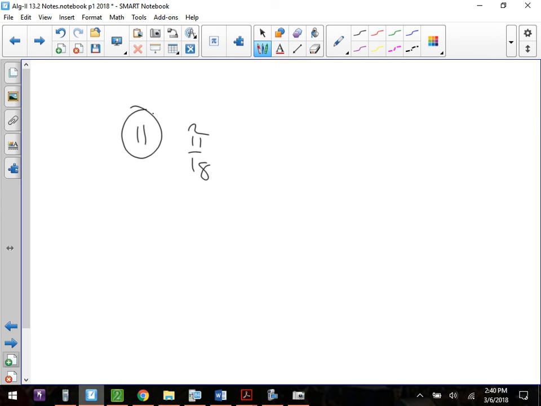Is pi over 18 more or less than 1 revolution? Actually, rephrase: is it within 1 revolution? Since it's within 1 revolution, all I have to do is add 2 pi and subtract 2 pi. But instead of adding 2 pi, what am I going to write it as? 36 over 18. Because isn't that 2 pi? I'm getting the common denominator, so I get 37 pi over 18.